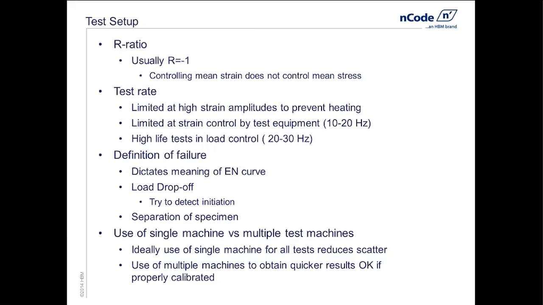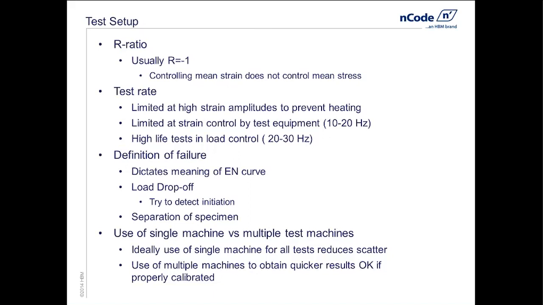One of the key things that you want to understand when you're looking at an SN curve is what the definition of failure is. That curve defines the part failed, but that can mean different things. It could be the fact that I have a load drop-off. So I'm measuring either displacement or load, and as the load drops off during the test, I have a particular percentage, 10%, 20%, at which I say the part has failed.